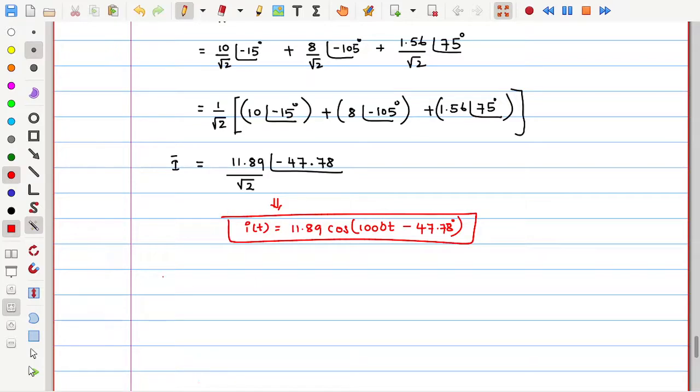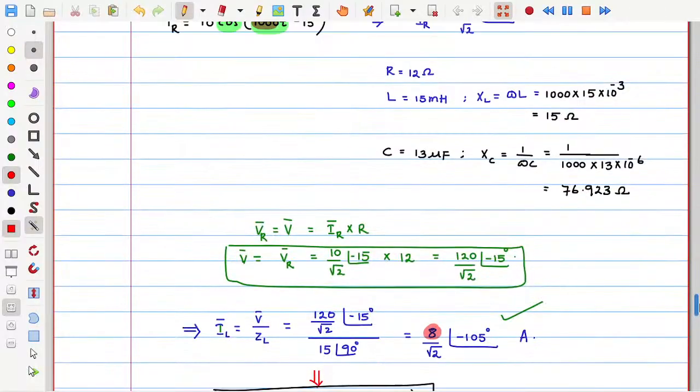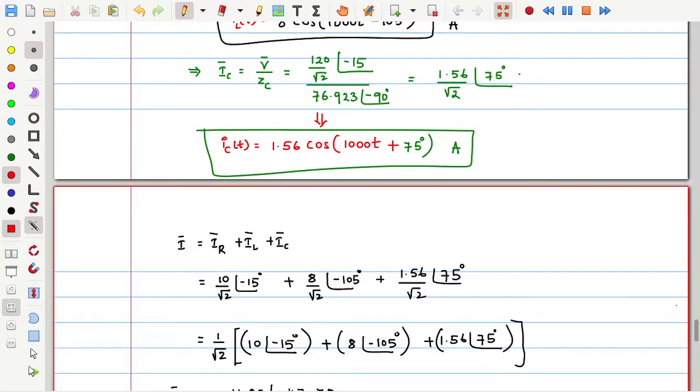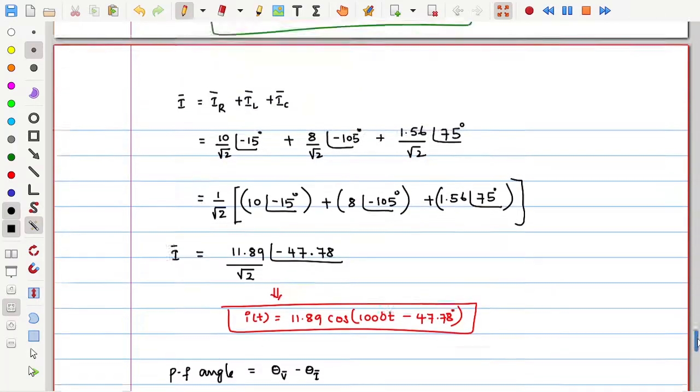Now if you want the power factor also, you can do that. Why? Because we know the total voltage and the total current. Now I can say the PF angle is equal to voltage angle theta V minus current angle theta I. How much is the voltage angle? Check it.